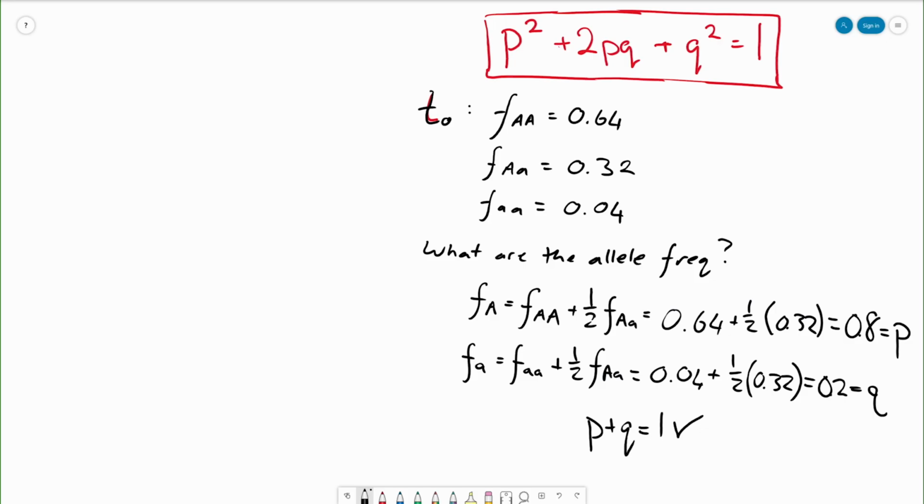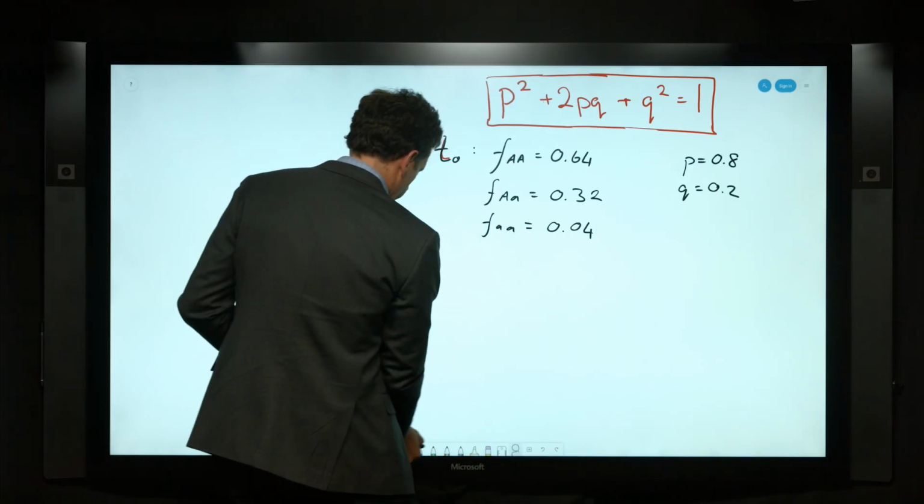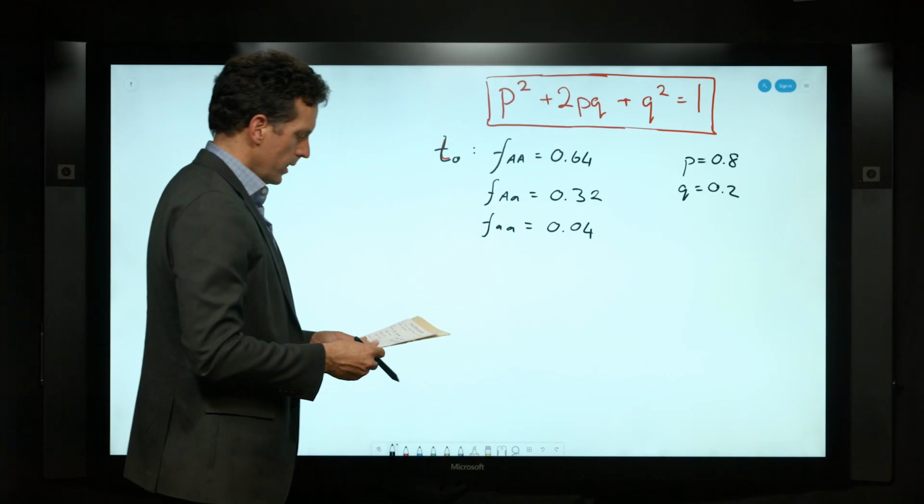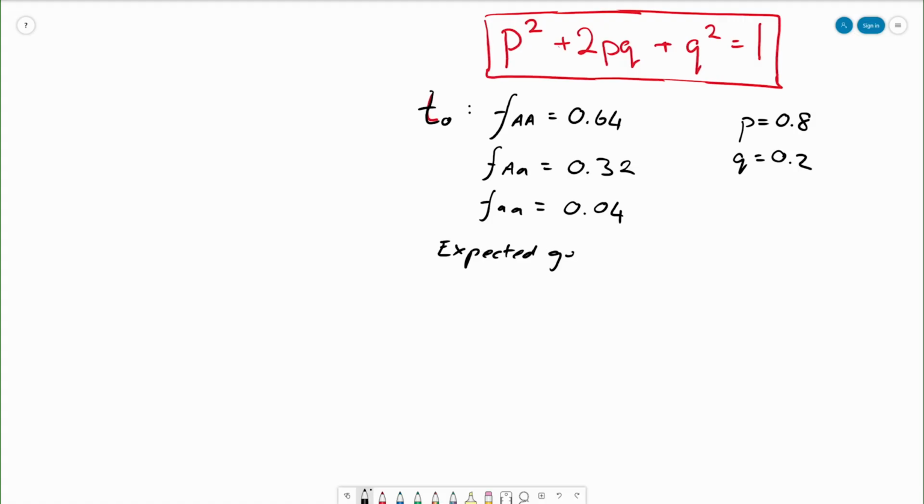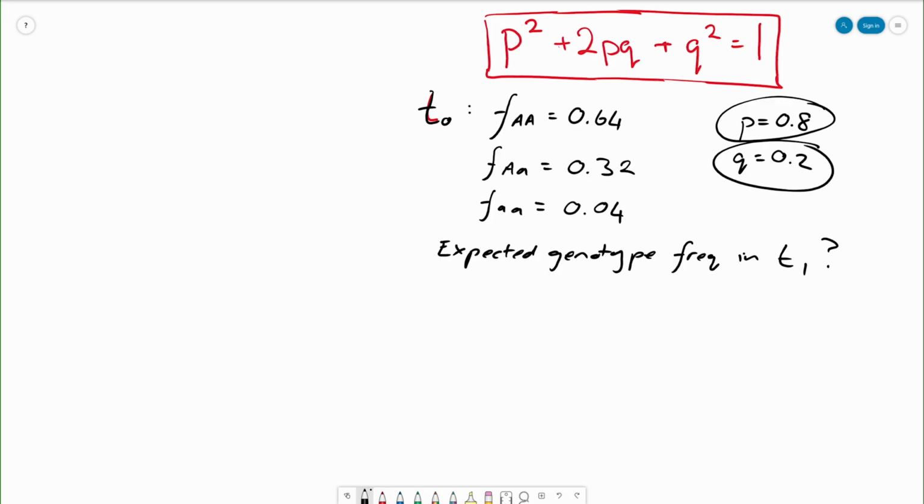So let's just take our p over here is 0.8, q is equal to 0.2, and let me just erase this calculation here, because now what we are interested in is what are the expected genotype frequencies in T1, in the next generation, given that these are the current allele frequencies.